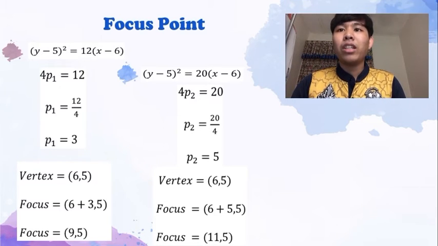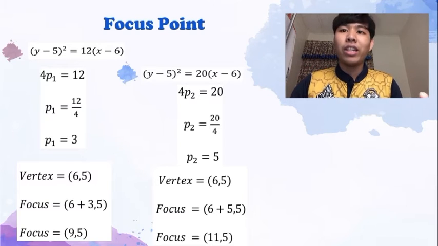Moving to equation 2, the coordinate of the focus is (11, 5). As said before, this will be the location for the lamp which can spread the light. The flashlight is located at the focus, and light from that point is reflected outward parallel to the axis of symmetry.